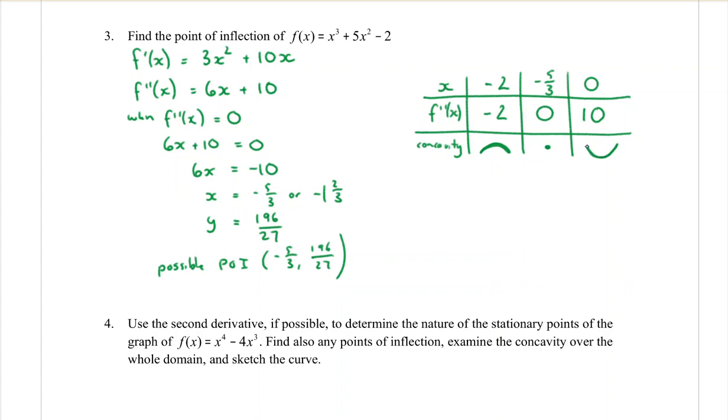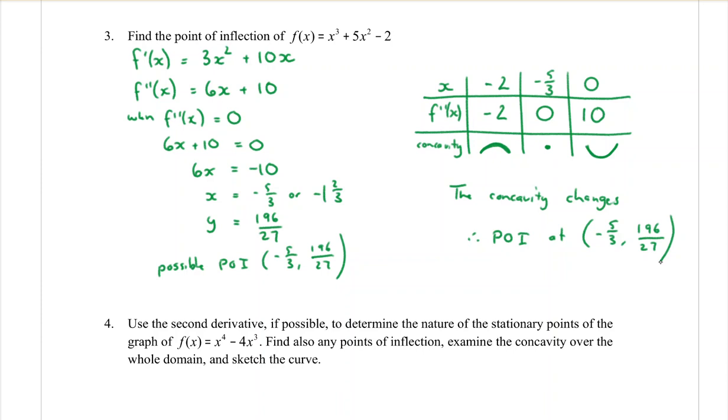So the concavity has changed, which means this one is a point of inflection. So therefore, a point of inflection at minus 5/3, 196/27.